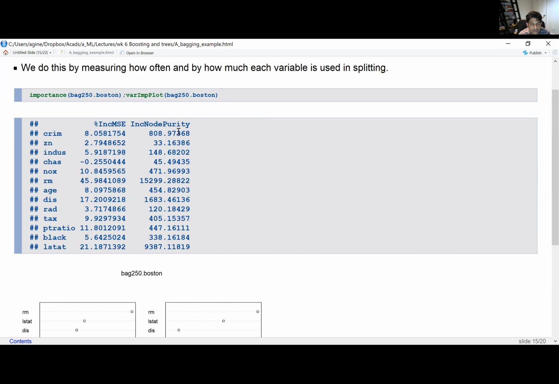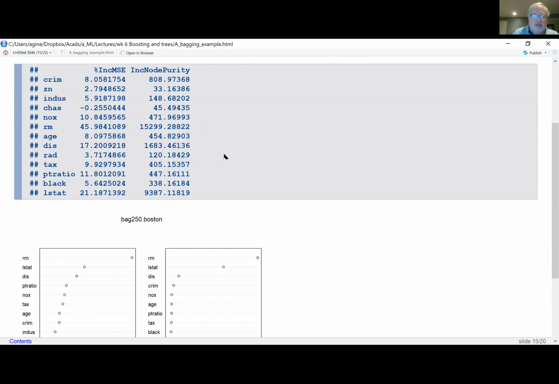But increased node purity is some other numerical measure of how much you got to nodes with just the same value by using those particular variables. Honestly, I use MSE myself. I forget what increased node purity means. I can look it up if you're curious.